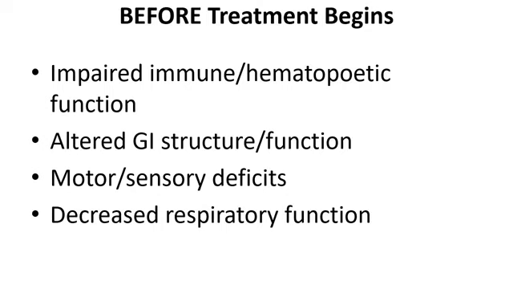GI structure and function, the liver can be impacted, either by metastatic lesions or actually localized primary tumors in the liver. Changes in patients' taste, their ability to sense pain, their gait, other neurologic changes can be impacted by the presence of cancer long before we start treating it with things like radiation and chemo and surgery, which can also alter our motor and sensory function.